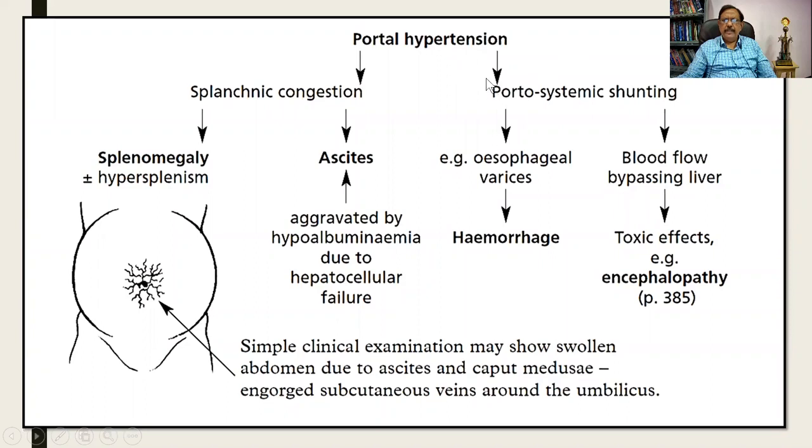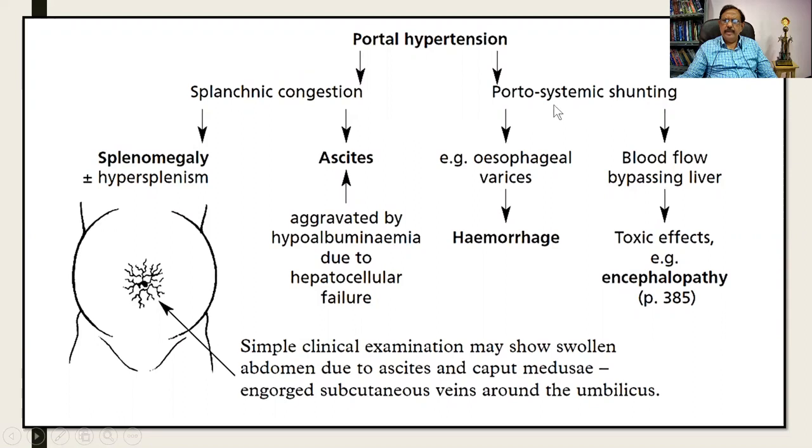The portal hypertension, this particular diagram retrieved from illustrated pathology, is of paramount importance. There can be a splenic congestion or there can be a hypersplenism. Also, you find that there can be an ascites which can be aggravated by means of hypoproteinemia or hepatic failure.